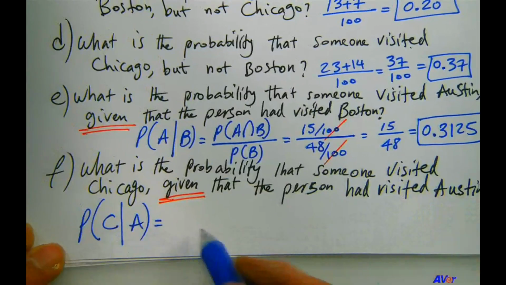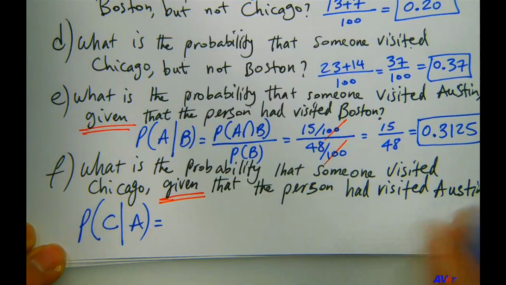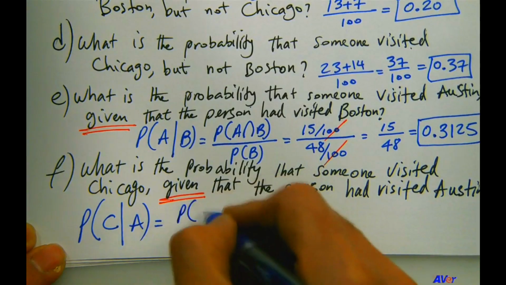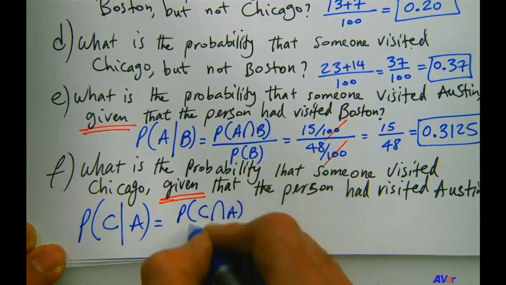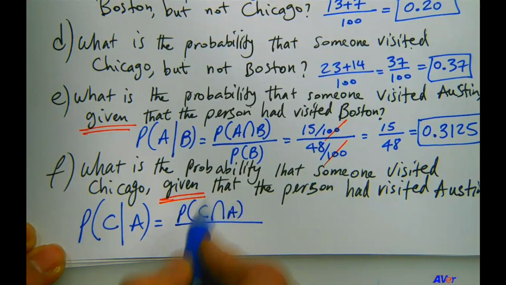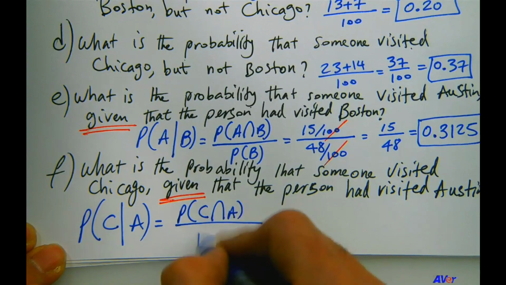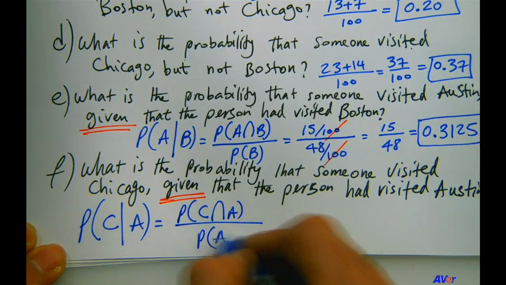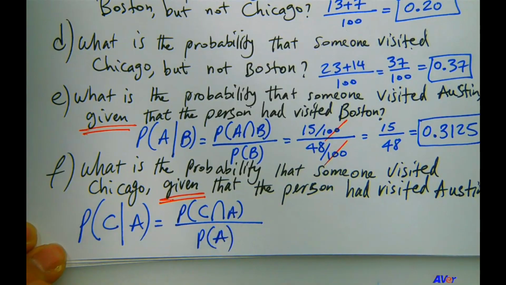So let's complete the conditional probability formula for this. We have probability of C intersection A, that is those who visited Chicago and Austin, divided by the probability of the given, those who visited Austin. Let's go back to the Venn diagram.